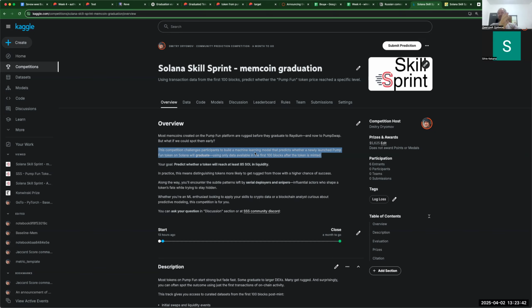So again, in this task, it's really influenced by these early people who invested in this token, because either they are developers or they are so-called snipers.